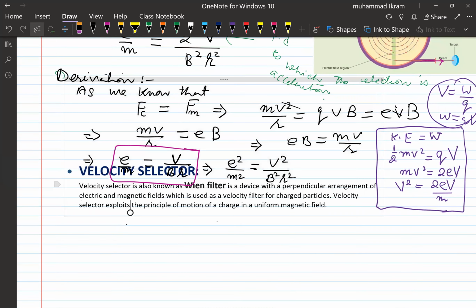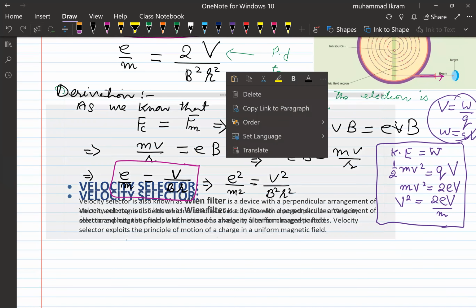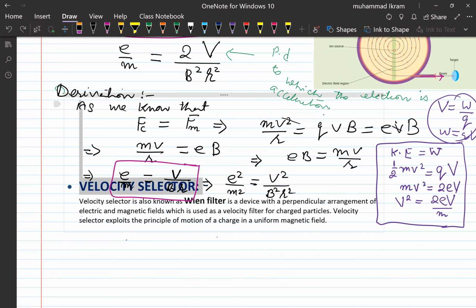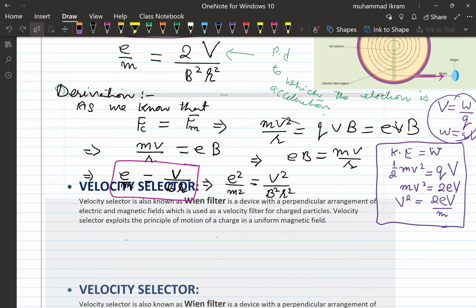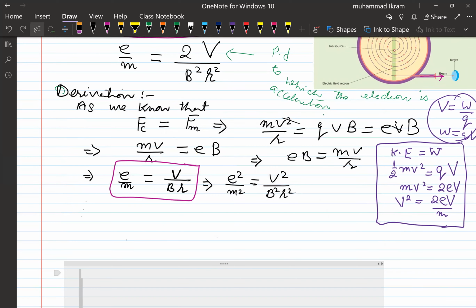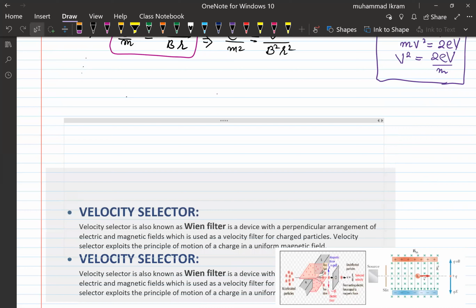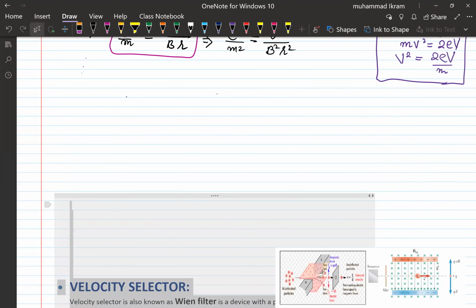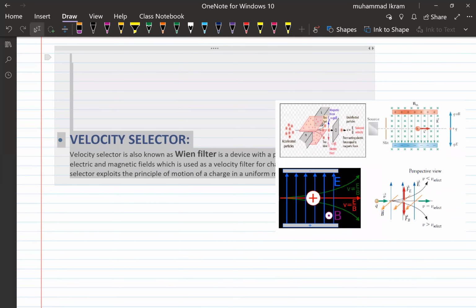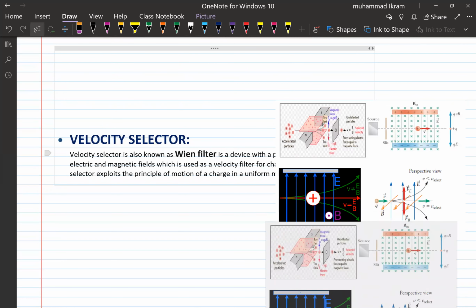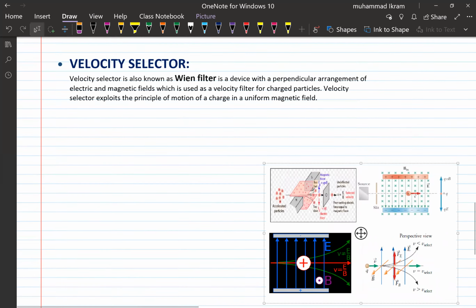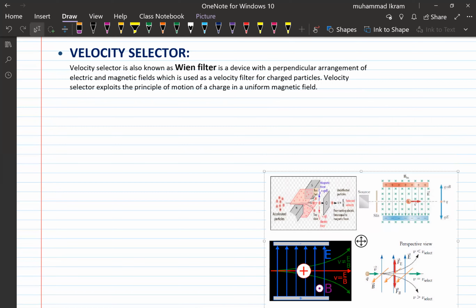Later, when you arrive at this point, you can move the video forward a little bit.